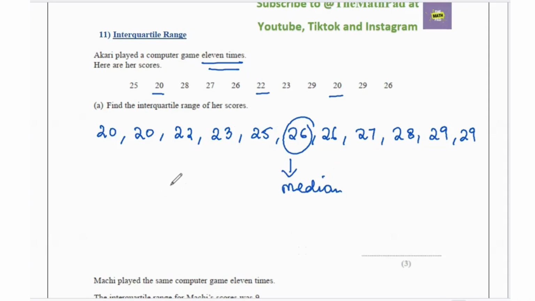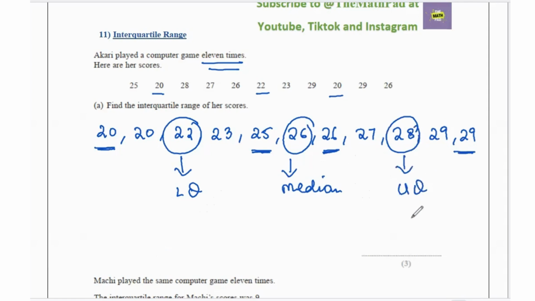Now, lower quartile is going to be the value that's in the middle of the first value and the value before the median value. So that's 22. That's the lower quartile. Upper quartile is going to be the value that's between 26 and 29, which is 28.